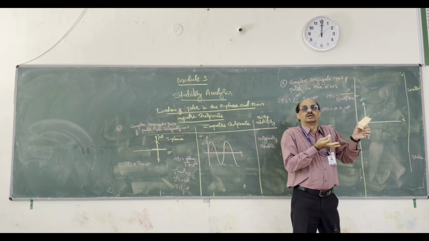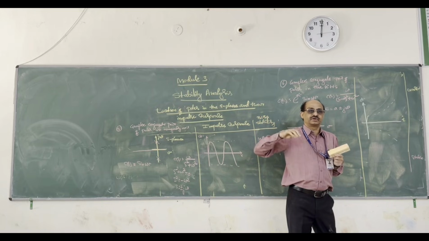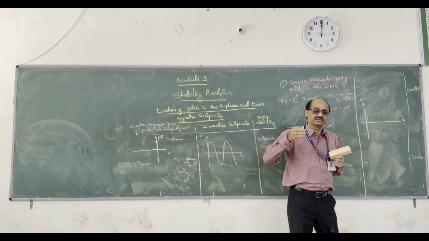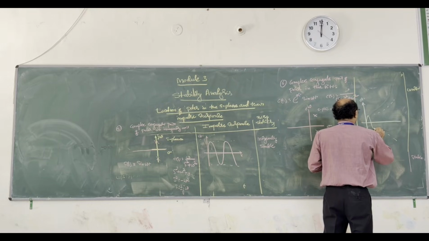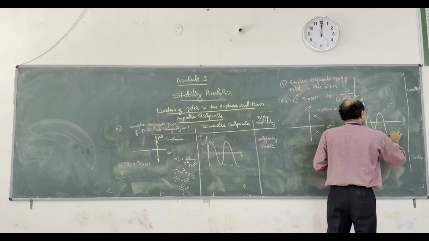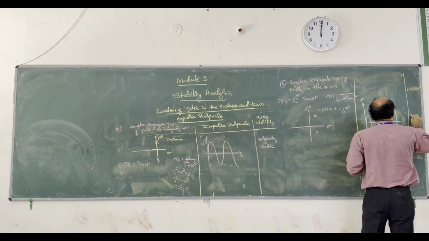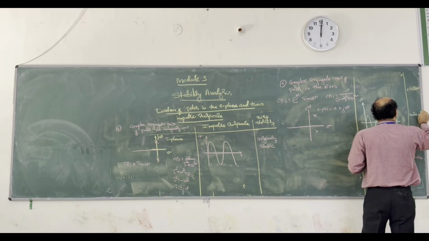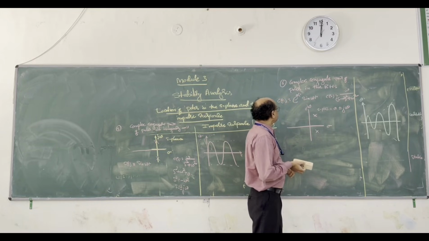This is what we mean by unbounded: as time approaches infinity, the magnitude also approaches infinity. This is the unbounded nature. So this is unstable. That's known as unstable.